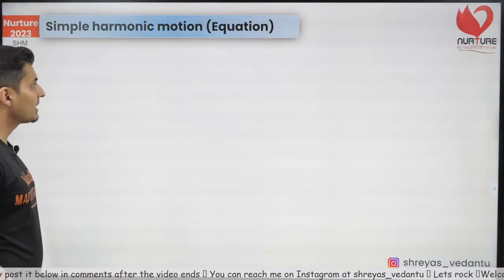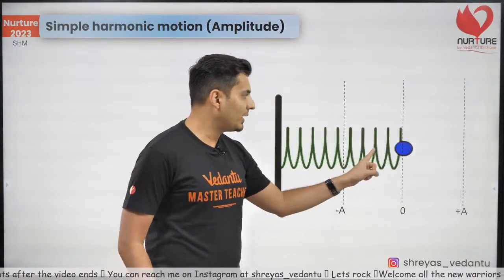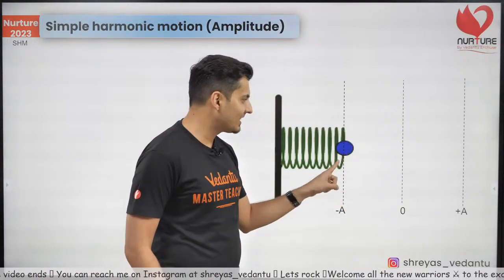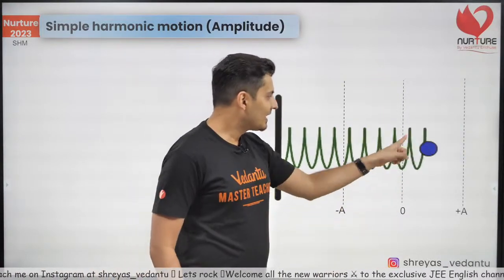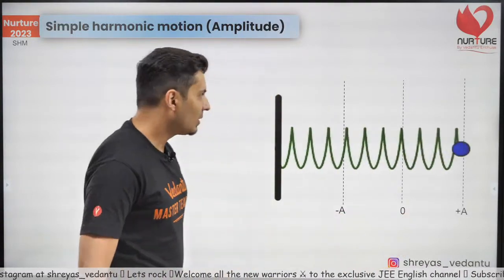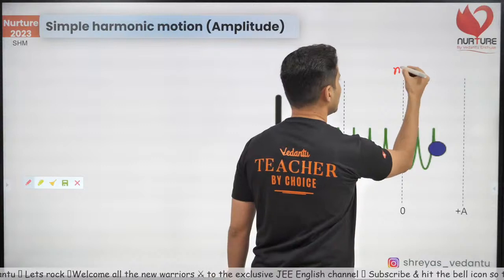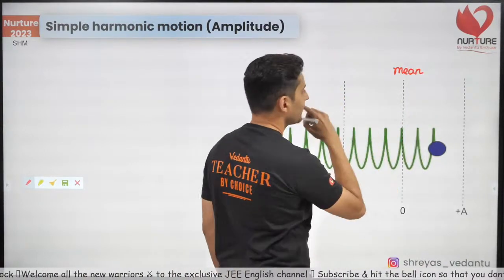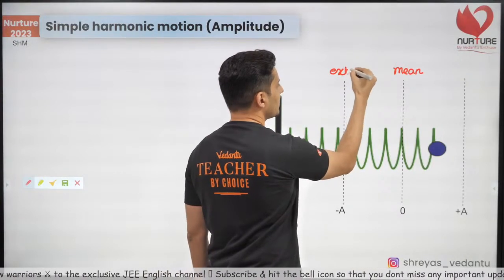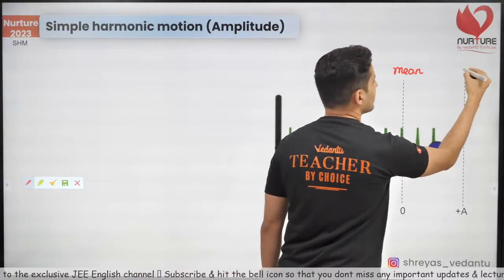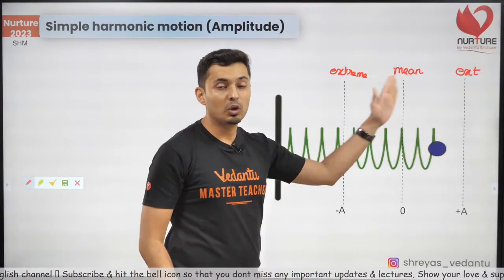So let's start looking at these terms one by one. First, amplitude. Look at this. This is a point mass going back and forth like this. This point over here, which is the average, is also called the mean position. Some of you do not know this, but I still need to mention it. So this is the mean position. This is an extreme position. This is also an extreme position. Mean is exactly the midpoint of the two extremes.